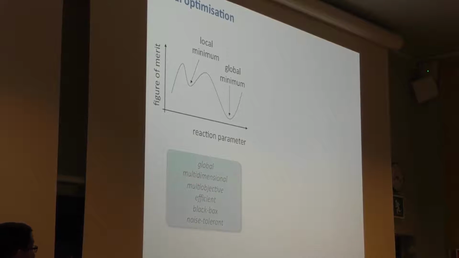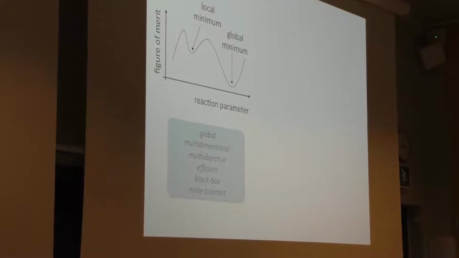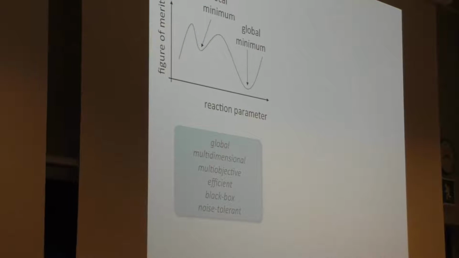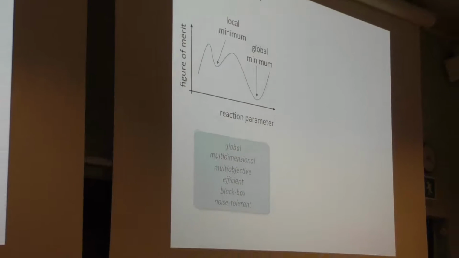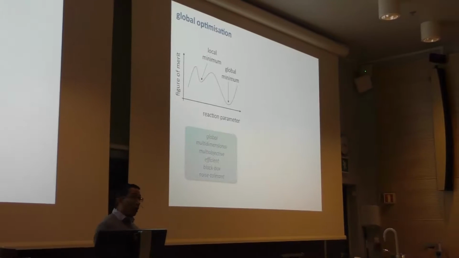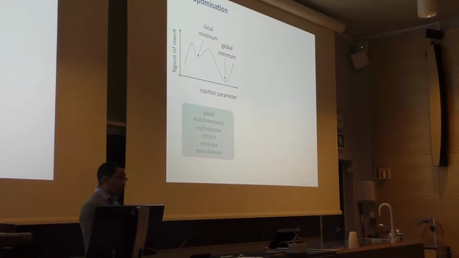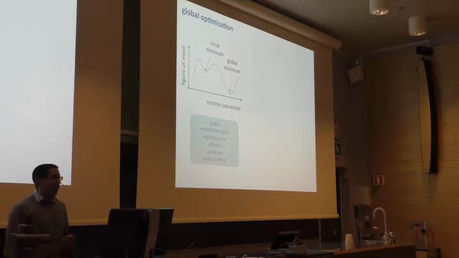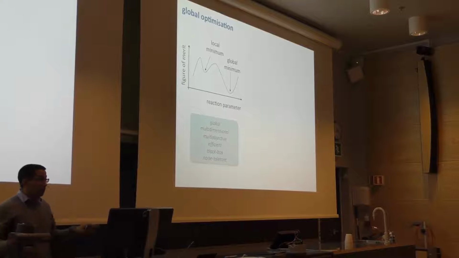It needs to be multidimensional, so it needs to be efficient at exploring the effect of many parameters at once. And because we're dealing with experiments which typically take anywhere from half a minute to 10 minutes, it has to be a relatively efficient algorithm. So it has to be one that can explore this space very efficiently.